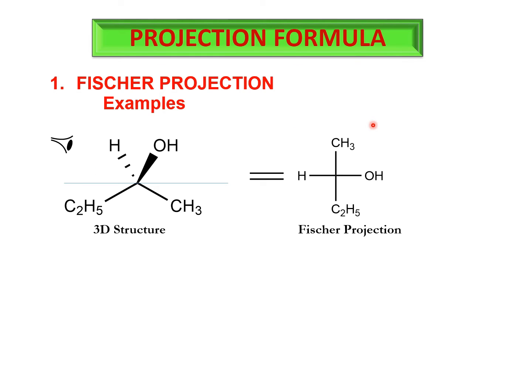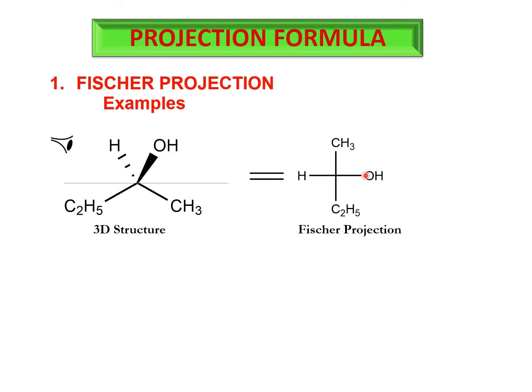Now we have drawn a Fischer projection with all solid lines. But from the rules, you know that anything drawn on the horizontal axis means they are above the plane, right? So this OH and H means they are in front of the screen.